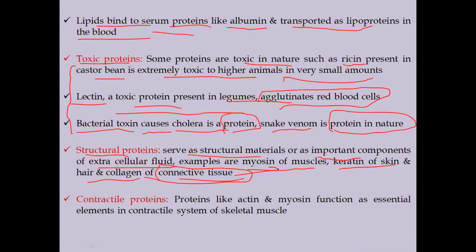The next type is contractile proteins. Proteins like actin and myosin function as essential elements in the contractile system of the skeletal muscle. So these are the examples of contractile proteins, myosin and actin.